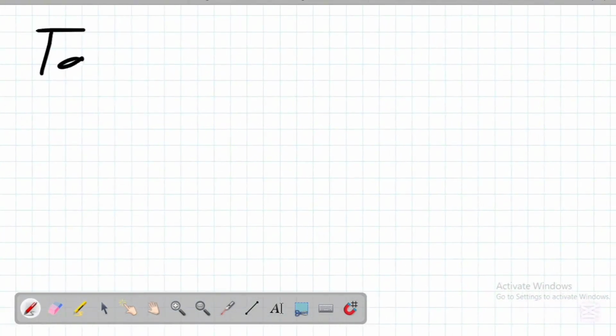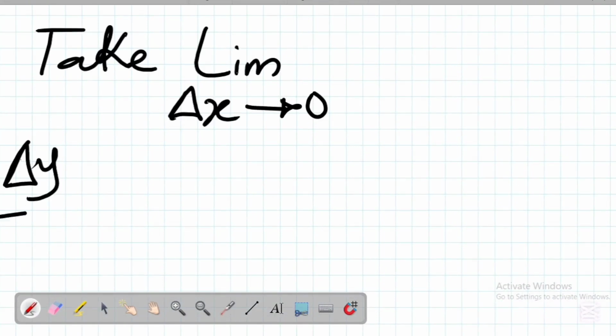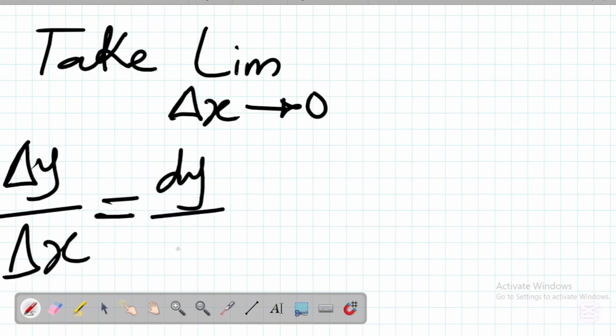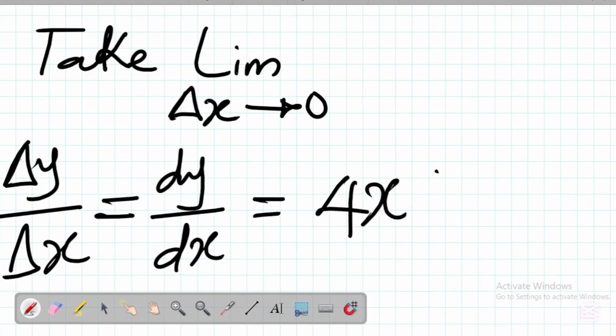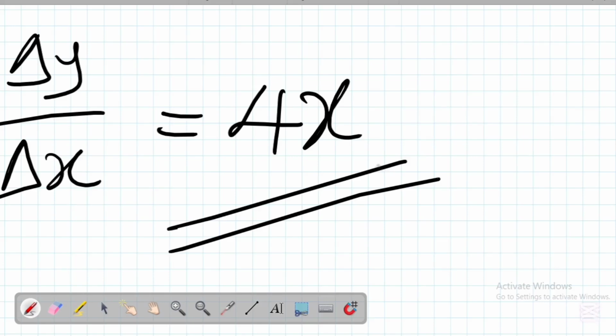So changing y all over changing x, which is the same thing as dy all over dx, equals 4x plus 2 multiplied by 0. So changing y all over changing x becomes 4x. So this is our final answer.